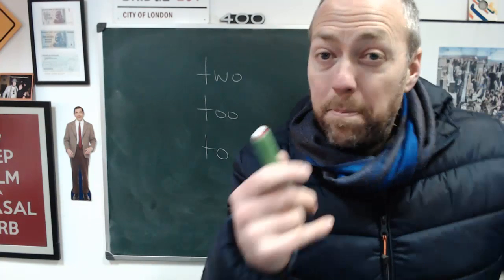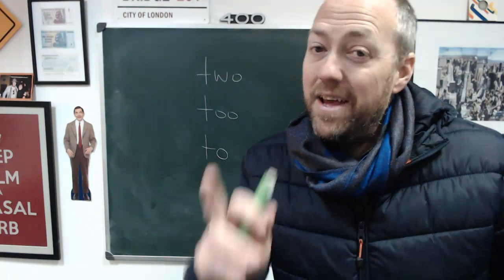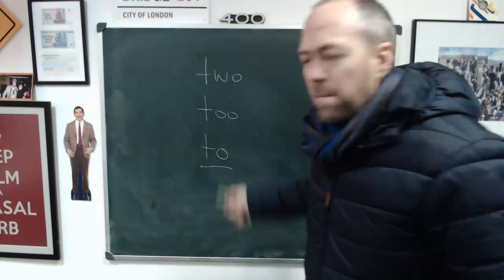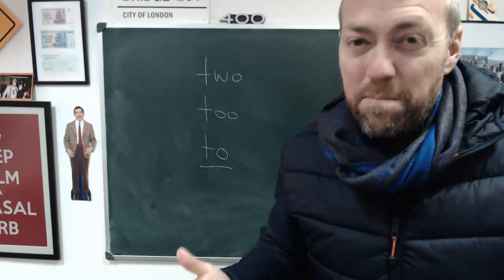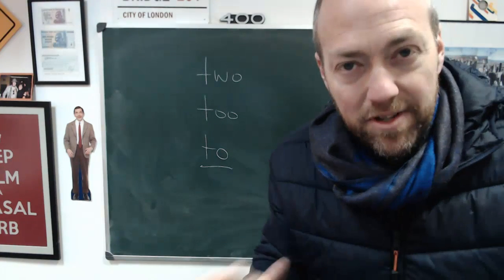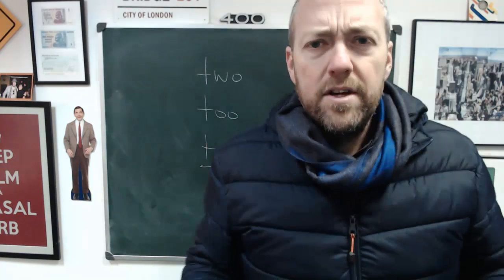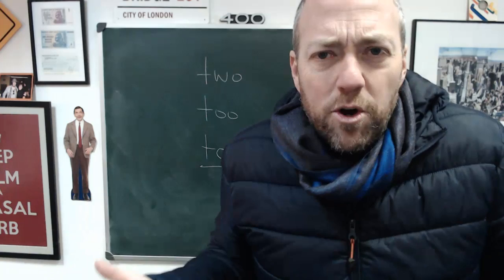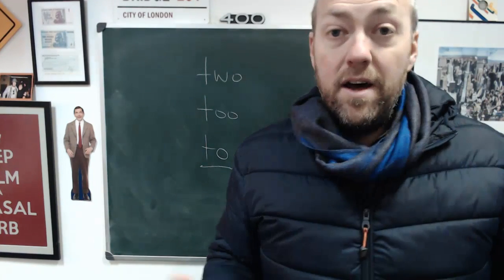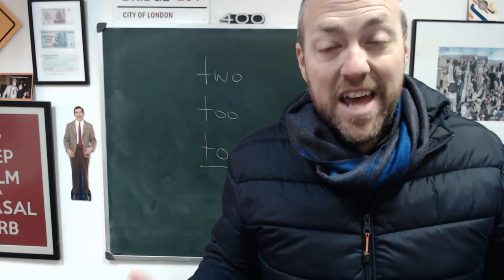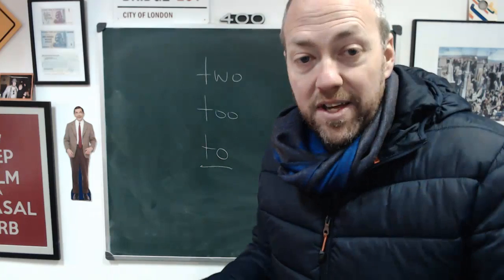Now, depending on the position in the sentence, maybe this one will be a little bit shorter, but in reality, there is absolutely no difference between them. So, how do we know if you're saying "two" or "too"? Context. That's how we know which word you're using.